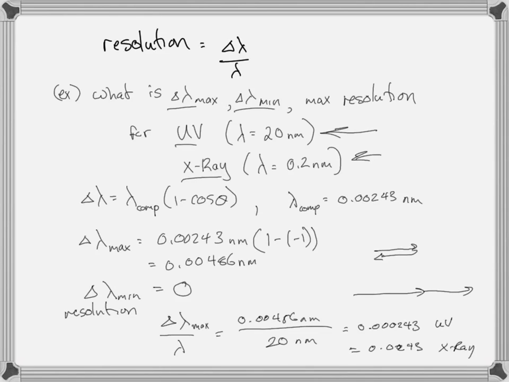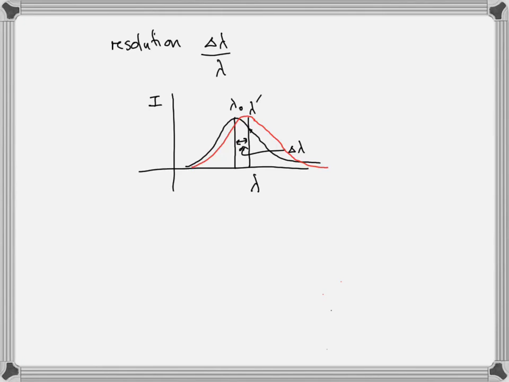So it's a 2.4% change for X-rays. Now, are we more likely to be able to resolve a 0.02% change or a 2% change in wavelength? We're going to be more likely to be able to resolve a 2% change. Hence, X-rays allowed us to do this experiment with some accuracy that prior knowledge of UV light and visible light did not allow us to do.